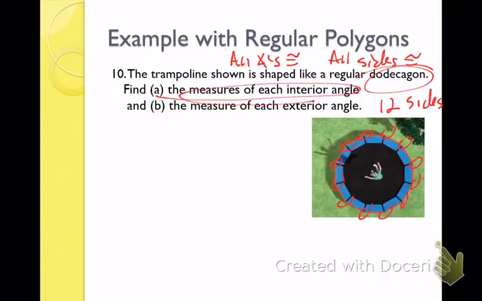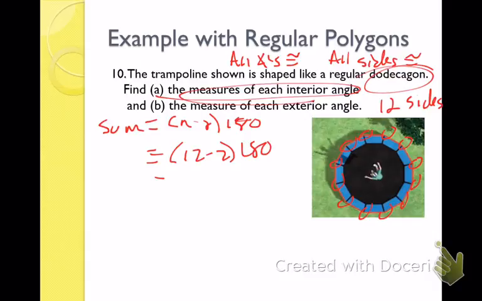How would you find the measure of 1? Well, we've got to find out what they have to add up to first. So the sum is going to be n minus 2 times 180. Right? 12 minus 2 is 10 times 180 is 1800.